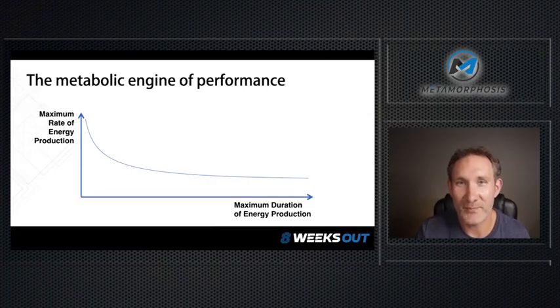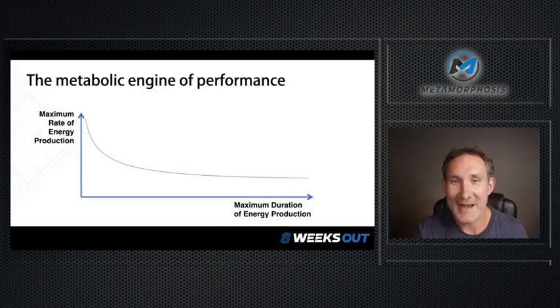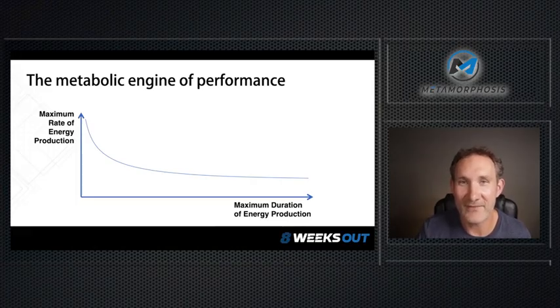That ATP molecule gets produced rapidly. On the far right hand of the spectrum, we have the duration. How long can we sustain that level of production for? The further we go up the left, the faster the rate becomes, the less time we're able to sustain that for. And that means we can't produce maximum force and power for a maximum time period.